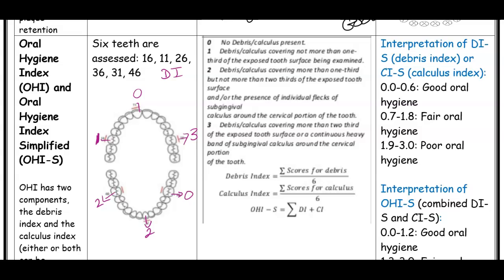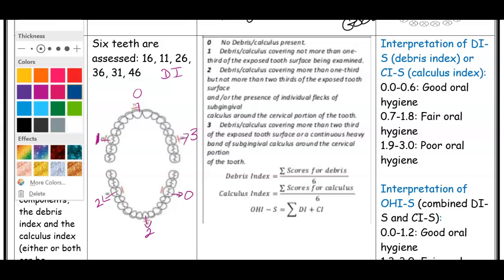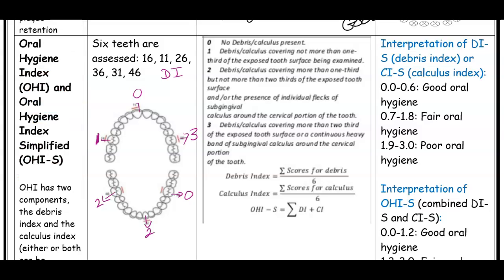Let's do another one, and now I'm going to do this in blue. Now I'm looking at calculus. I'm going to do this on the inside just so we can differentiate. Let's say here I gave this a score of 2. The 1/6 got a score of 2 because there was calculus covering more than 1/3 of the tooth surface. So I did see a fair amount of calculus.